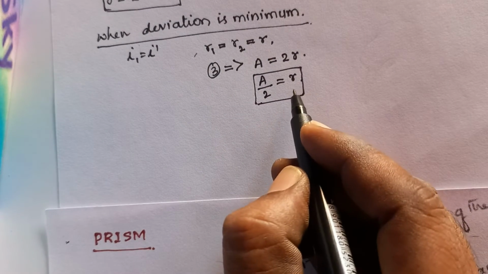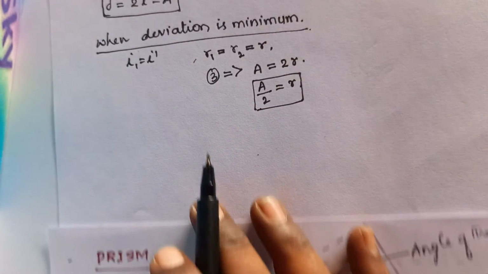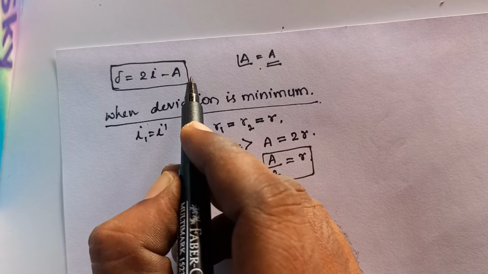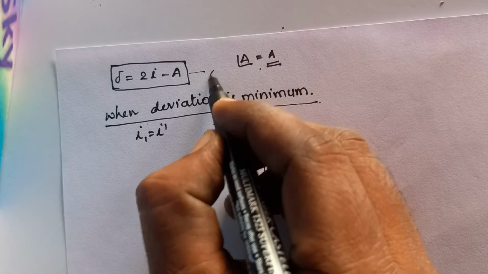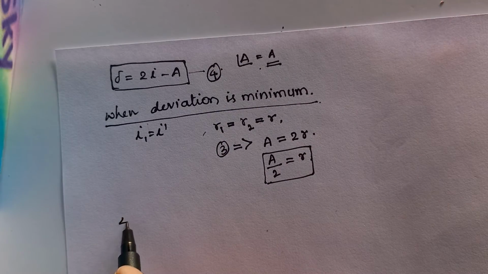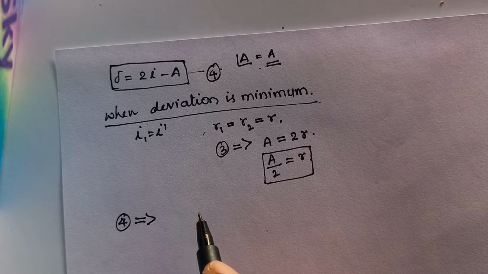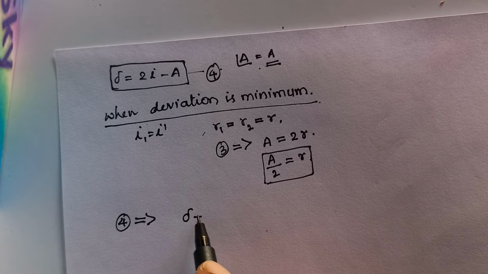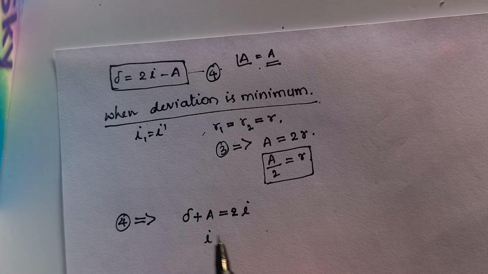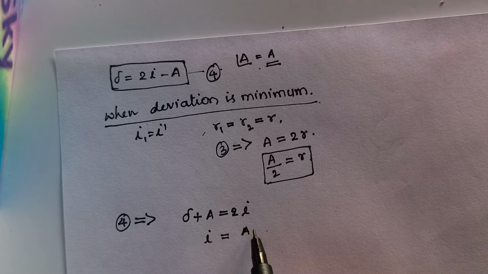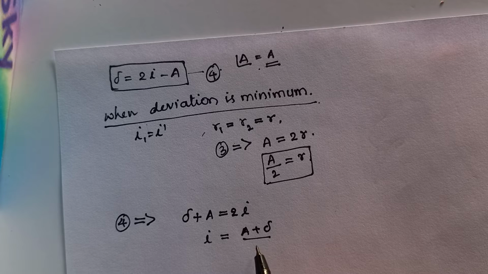So this is the angle of refraction, and let's take this one as equation 4. From 4, delta plus A is equal to 2I, or I is equal to A plus delta by 2.